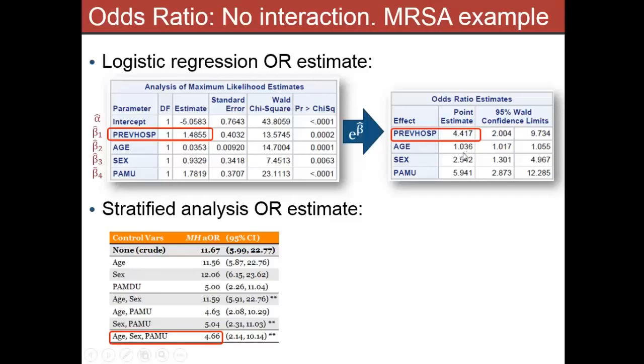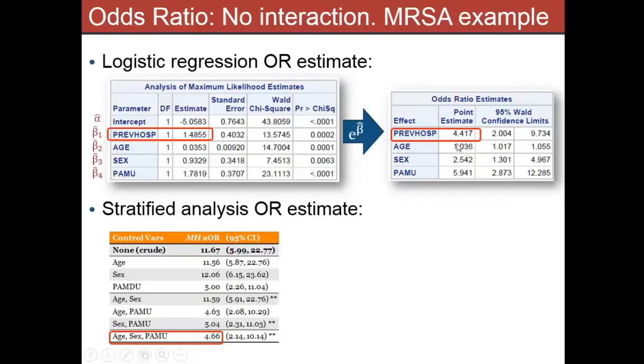So this is another 3.6% change in your odds for every year older you get. Over 10 years or 20 years change in age, this would be a much bigger number. This is for a 1 unit change, which is why it's so small.